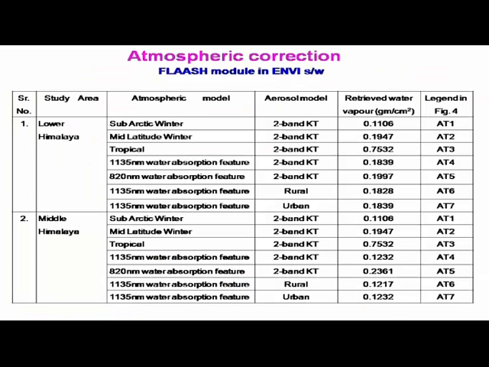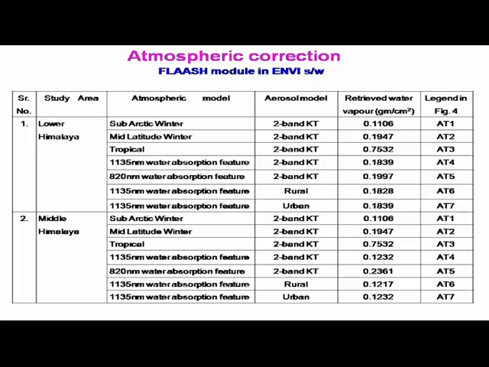The atmospheric correction has been done using the FLAASH module, and there are different standard atmospheric models and standard aerosol models. We tried all these models, and since we have hyperspectral data, we can estimate the water absorption feature and thus retrieve the water vapor.